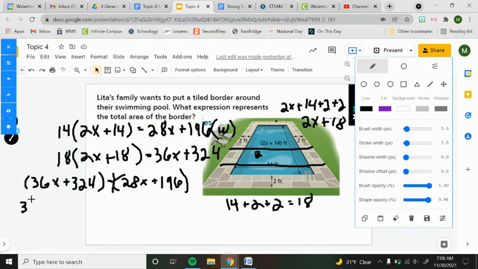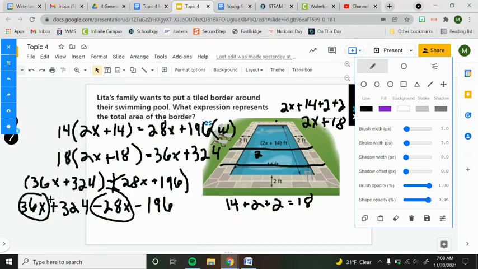So I've got 36x plus 324 because my first expression does not change. Okay, then I'm going to end up with negative 1 times 28x, or the opposite of 28x, is negative 28x. And then negative 1 times 196, or the opposite of 196, is negative 196. And then I'm going to combine my like terms. So in this case, 36x and negative 28x are my like terms.